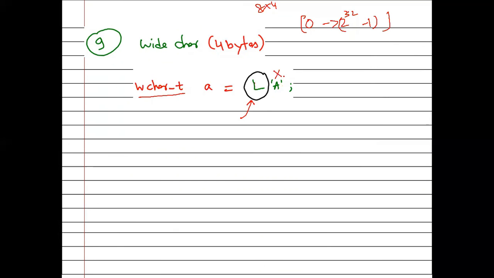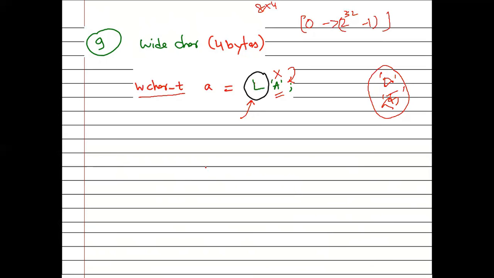Generally, we don't use such a simple character. We can store the ASCII value for such a character, but we generally store values like different symbols, like the Hebrew language, anything, any letter that belongs to a different language can be stored in the wide character.